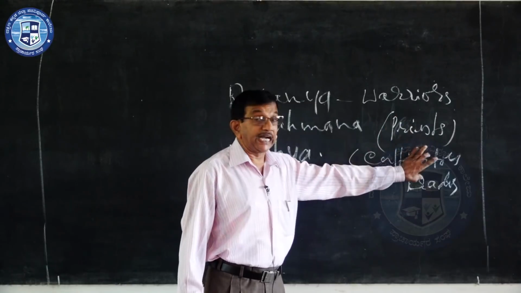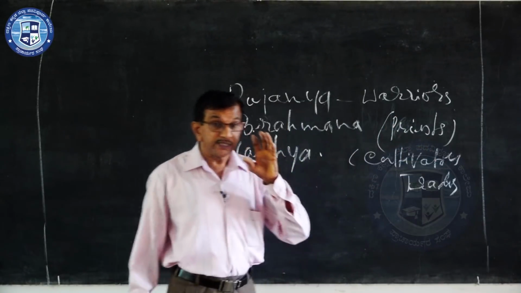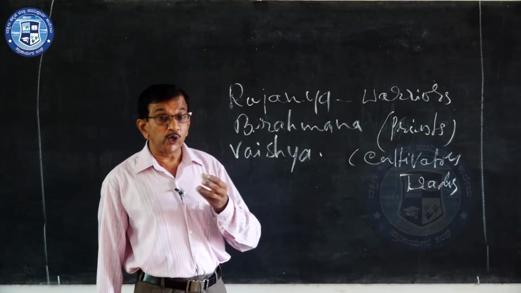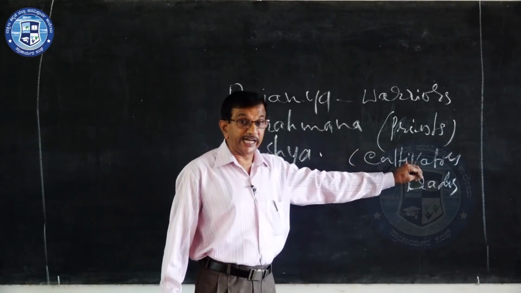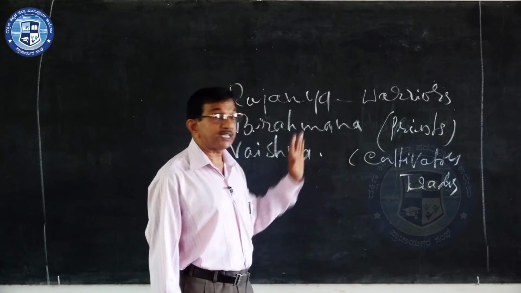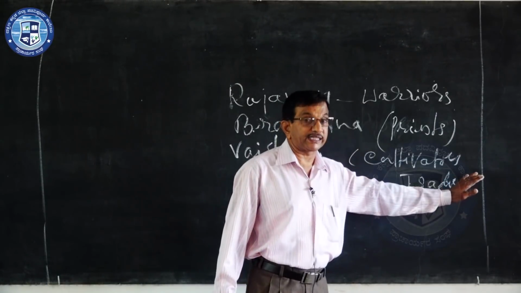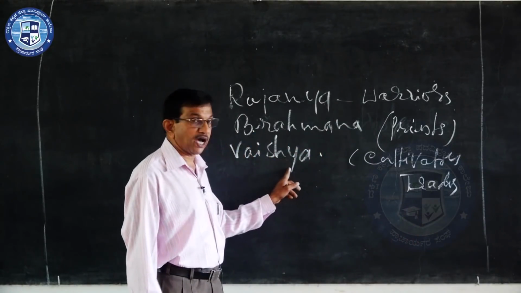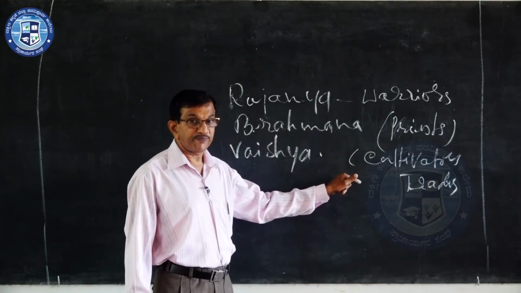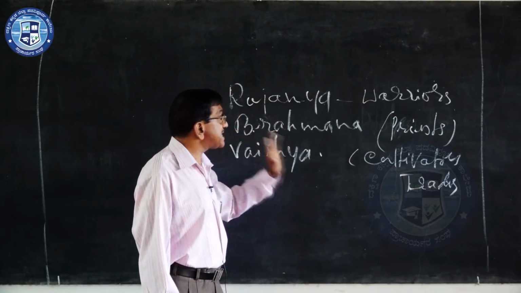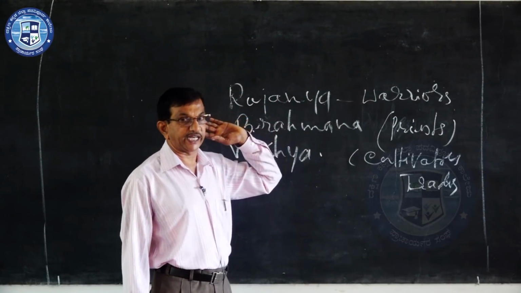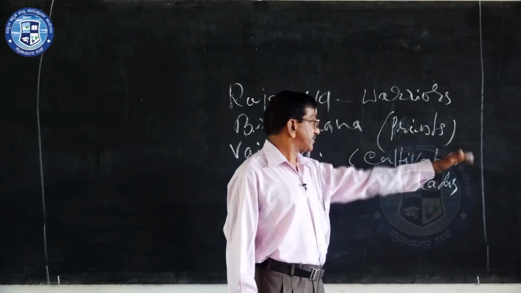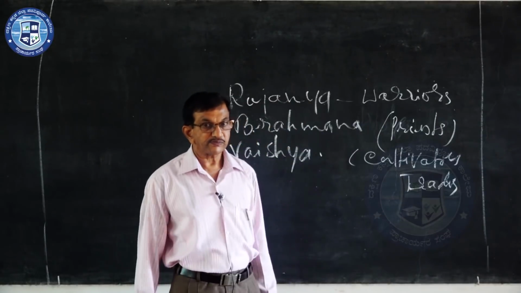And the produced goods, whatever food items are produced by them, are to be distributed to others, in the sense of those who are in need. It's the duty of Vaishyas to produce food, to produce the things and supply it to all people of the society. Accordingly, the Vaishya group were engaged in cultivation and trade.